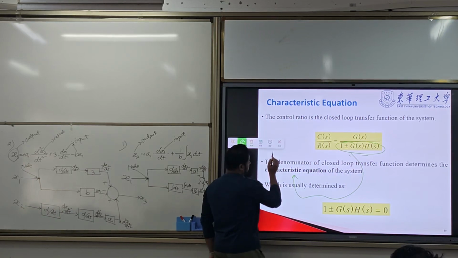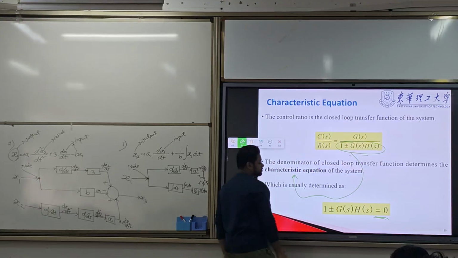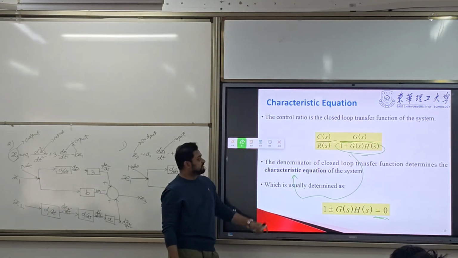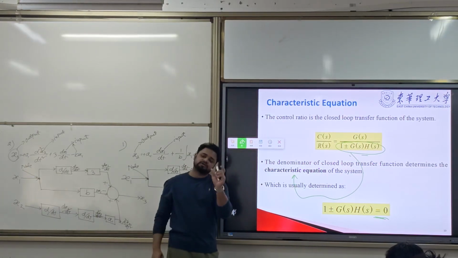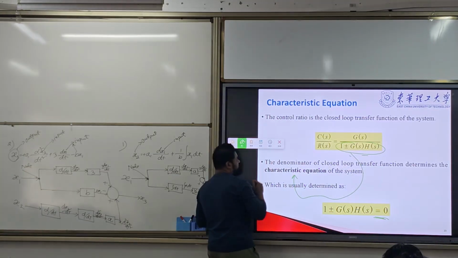The characteristic equation is equal to 0. Sometimes we need to find the characteristic equation. After you find C(s) by R(s), the denominator term we call the characteristic equation. Sometimes we need to solve that equation too.